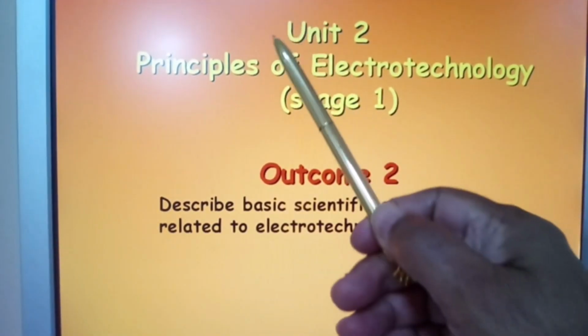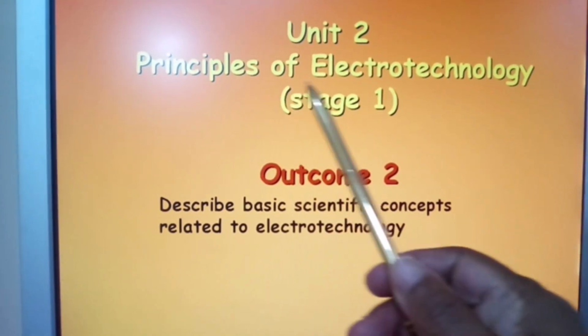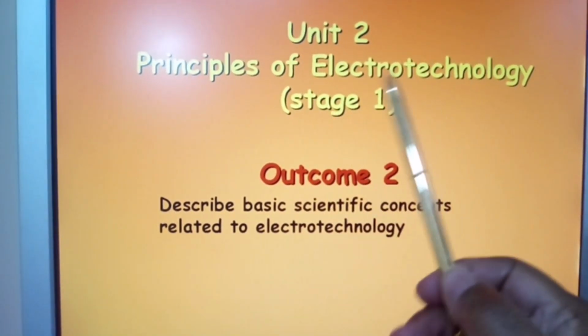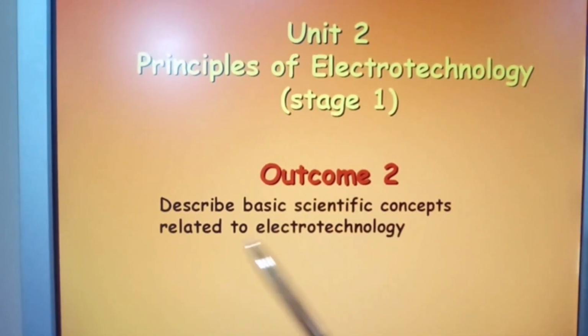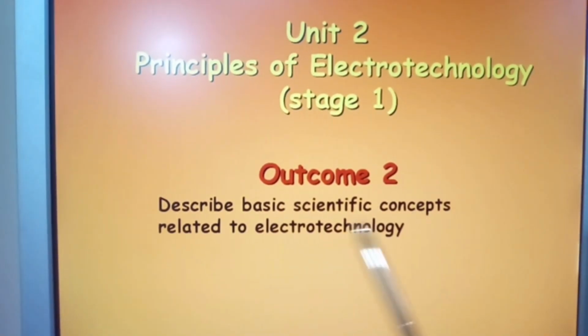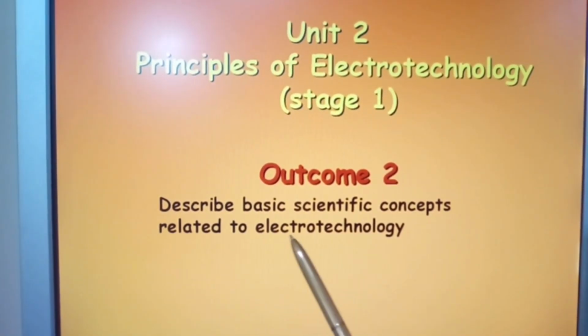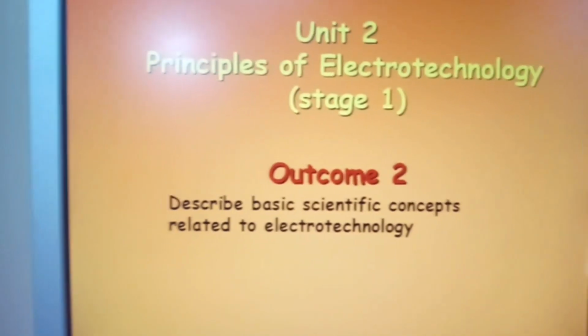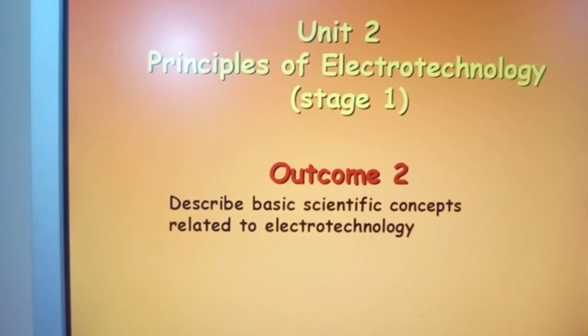Now again here we're simply looking at unit 2, principles of electrotechnology, stage 1. Okay, outcome 2, describe basic scientific concepts related to electrotechnology.